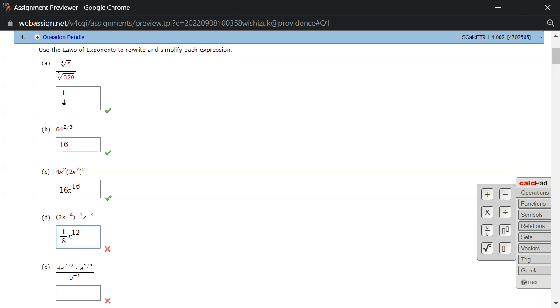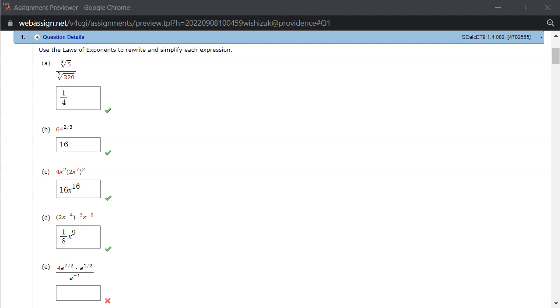Then we multiply by x to the -3. Combining x to the 12 and x to the -3, 12 minus 3 is 9, so it's going to be x to the 9th power. Let's check the answer. It came back and it looks like we got part D correctly.